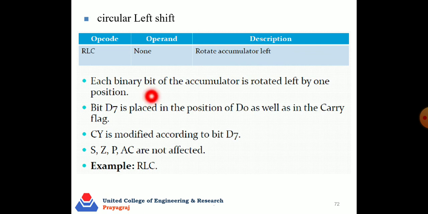Each binary bit of the accumulator is rotated left by one position, and bit D7 is placed in the position of D0 as well as in the carry flag. The carry flag is modified according to bit D7, and the sign flag, zero flag, parity flag and auxiliary carry are not affected.